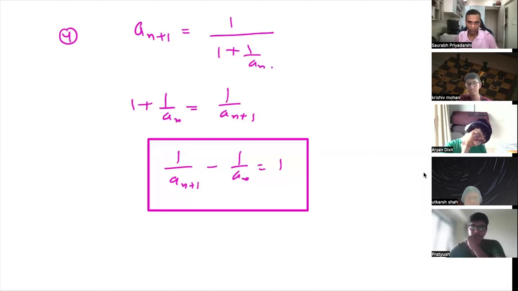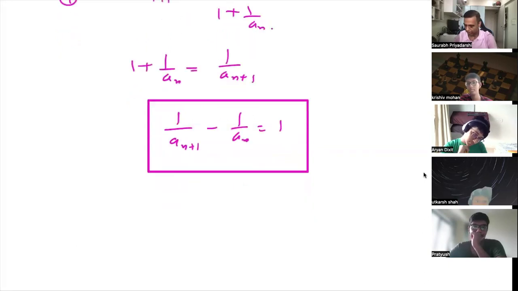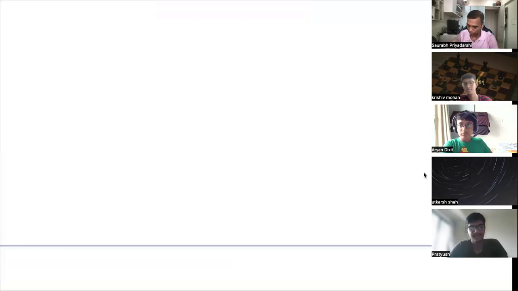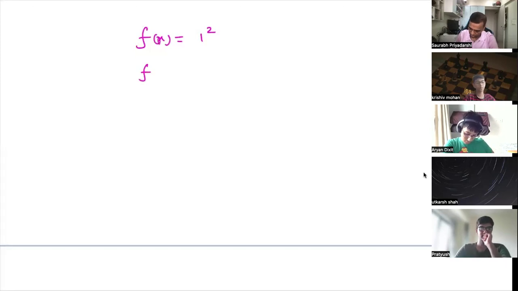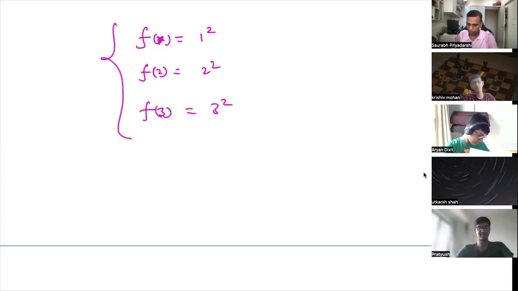What I'm saying is, if I'm giving f(1) is equal to 1 square, f(2) is equal to 2 square, f(3) is equal to 3 square, what can you say about f(x)?